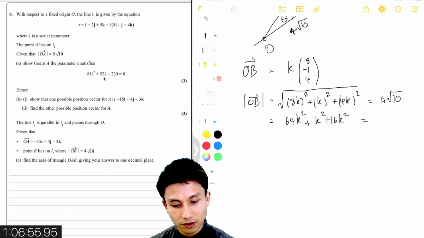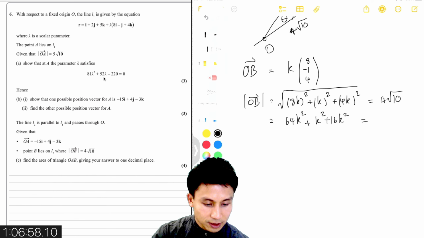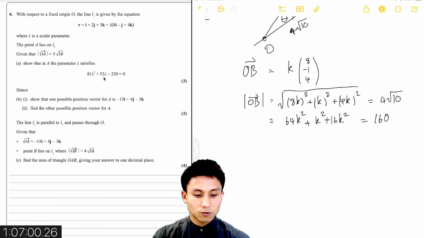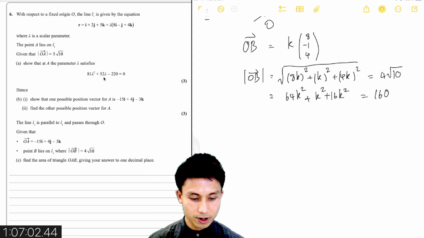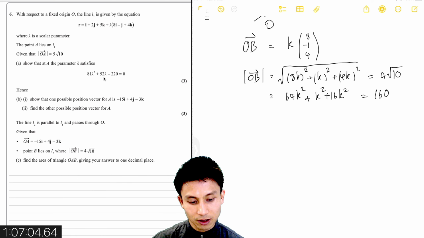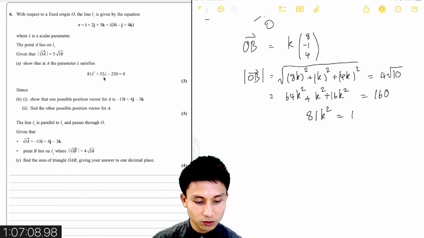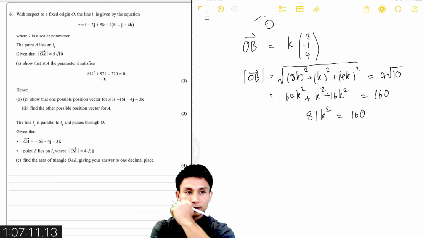16 times 10 is 160. Okay, so adding up the left hand side, I get 81k squared equals 160, right?